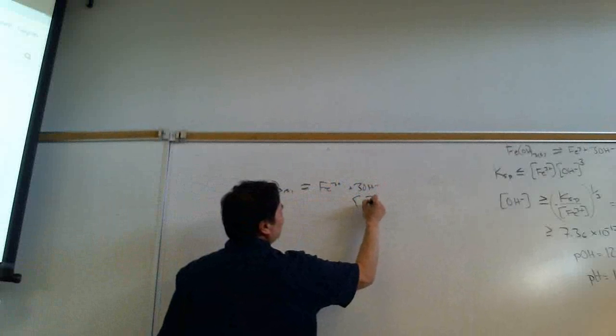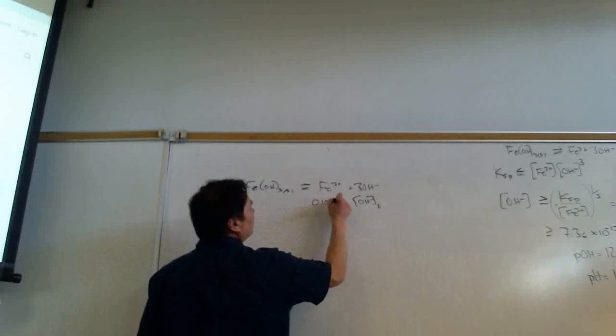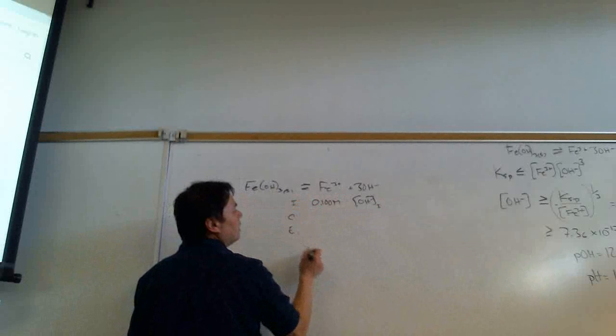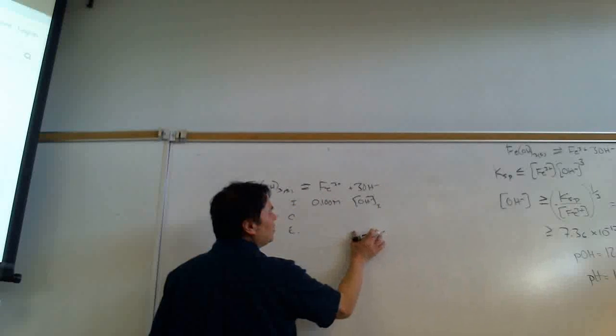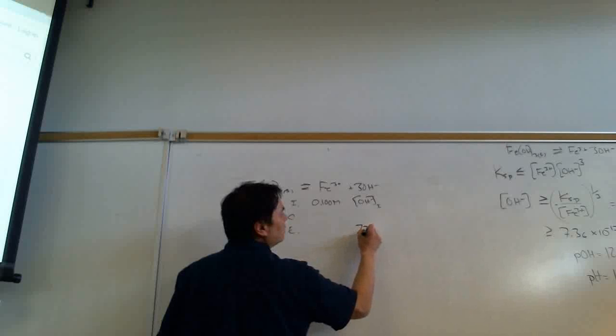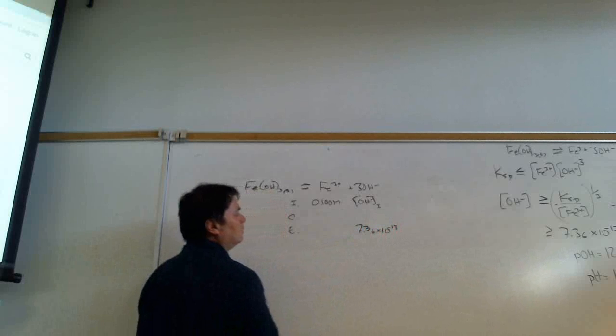We have some initial hydroxide here, and we have this 0.100 molar here, and then there's going to be a change in equilibrium. At equilibrium, I know what I have here: the hydroxide concentration at equilibrium, assuming it's saturated, is going to be 7.36 times 10 to the minus 13.